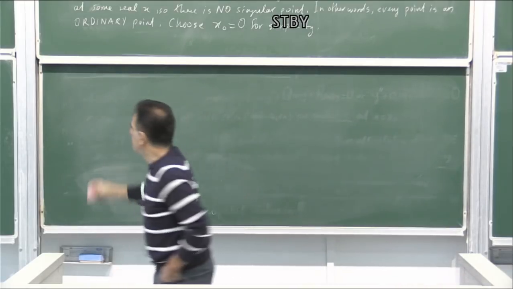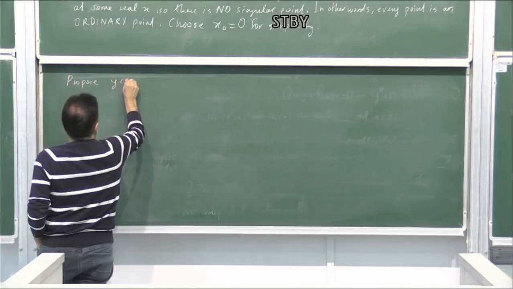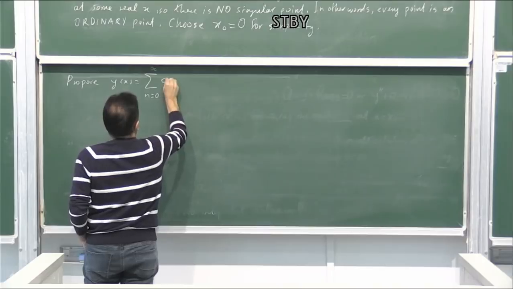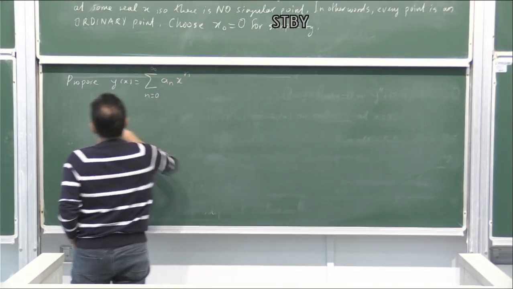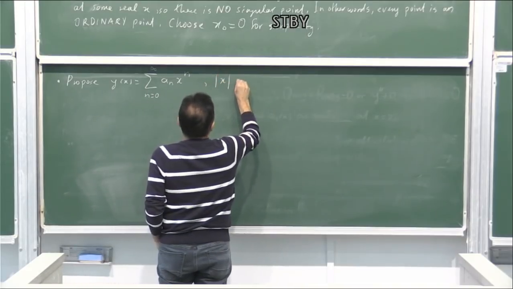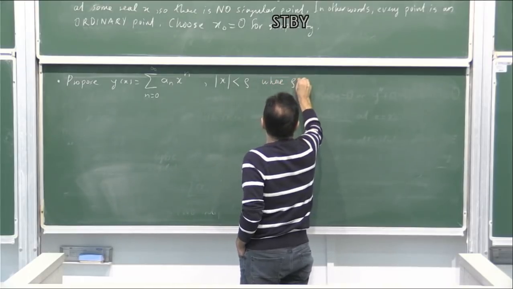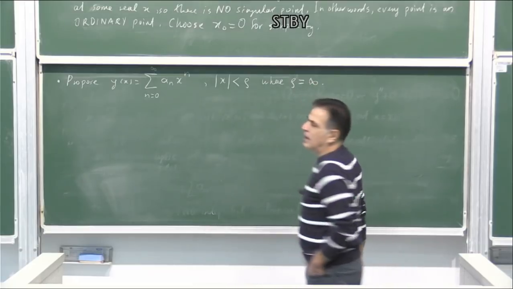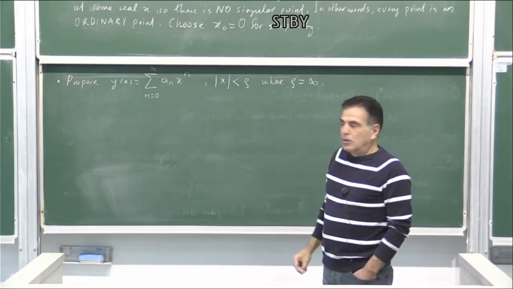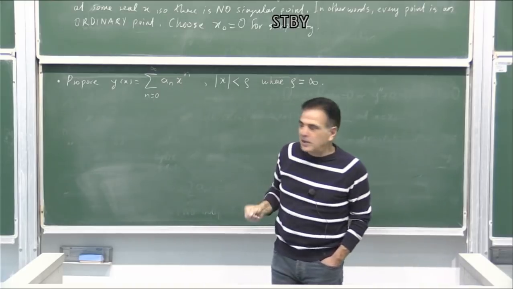So propose a power series solution of the form, where rho is infinity because there is no singular point. Okay, so all we need is to determine the coefficients, as in the previous example.